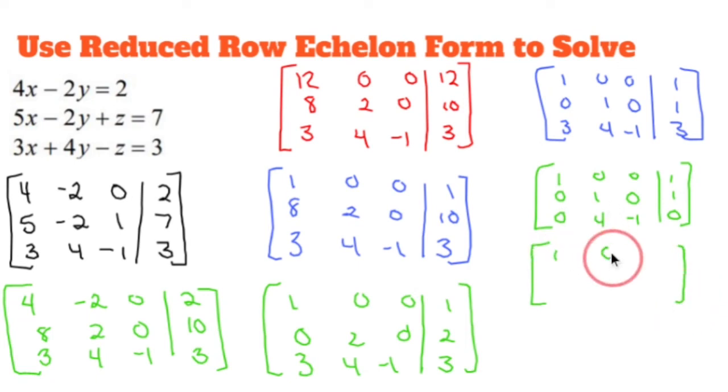So the top 2 rows, once again, will not change. But if I multiply the middle row by -4, 0, 0, nothing. -4 plus 4 becomes 0, 0, nothing. And if I multiply 1 by -4 and add it to 0, you become -4.